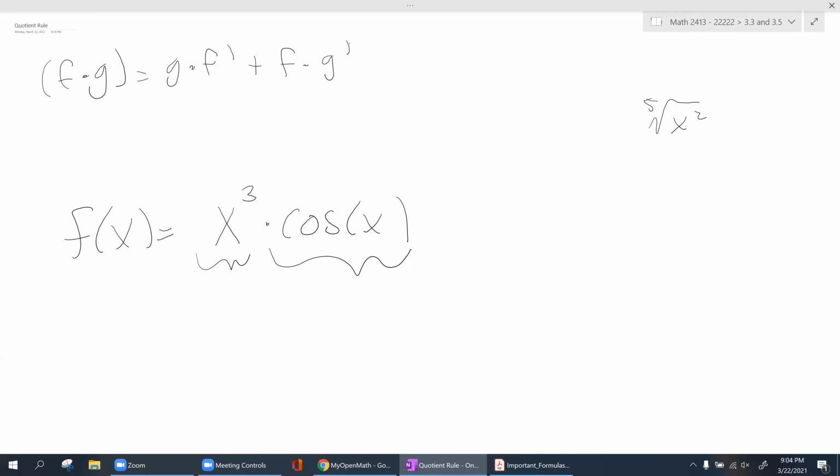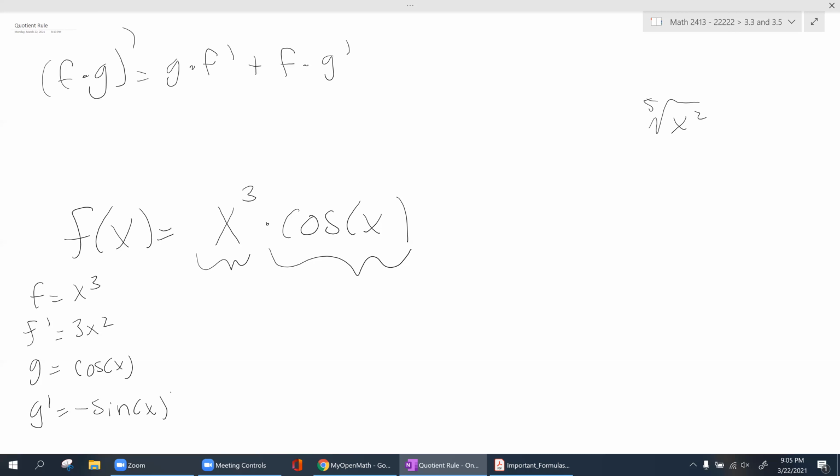This product rule, the derivative for things that are multiplying, meaning my f is going to be my x cubed, my f prime is going to be something, my g is going to be cosine of x, and my g prime is going to be something, right? So deriving x to the third, this is 3x squared, and deriving cosine of x, this is negative sine of x, right?